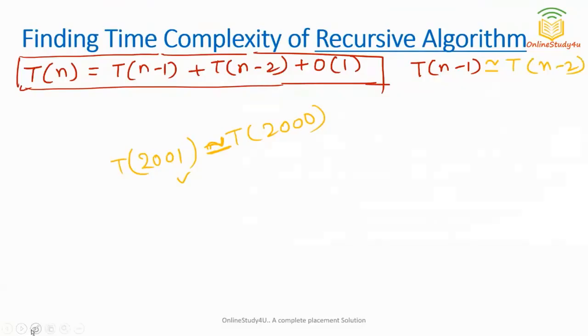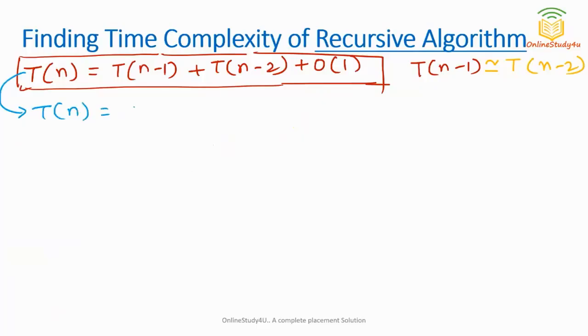This is the approximation I am taking. Now this simplifies our problem statement. This statement can be converted to T of n equals 2 T of n minus 1 plus big O of 1.